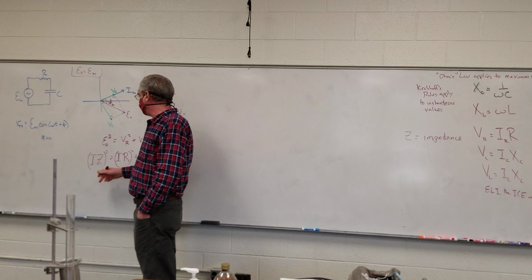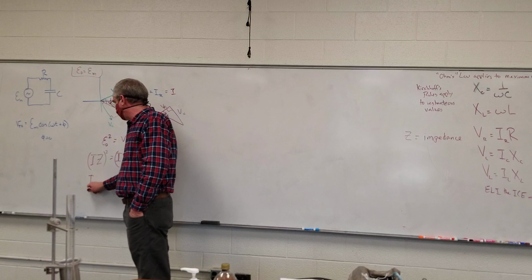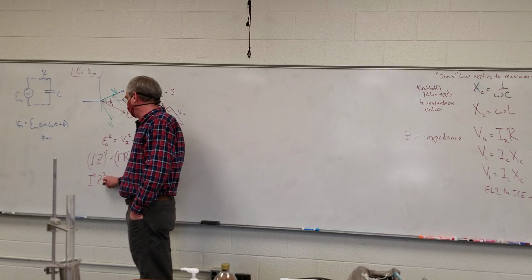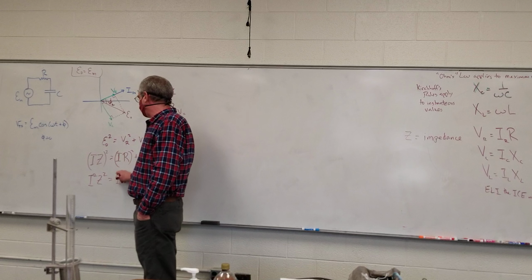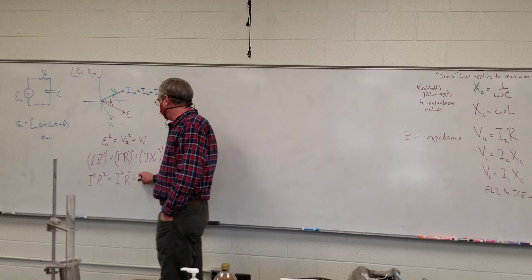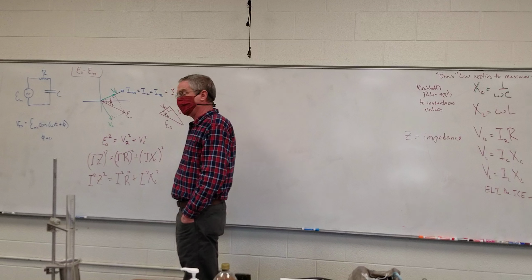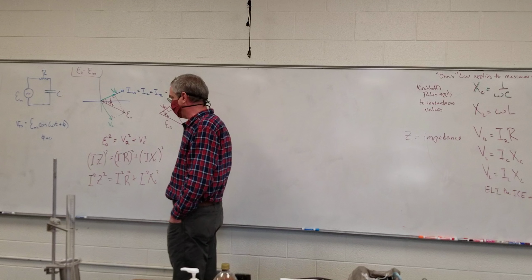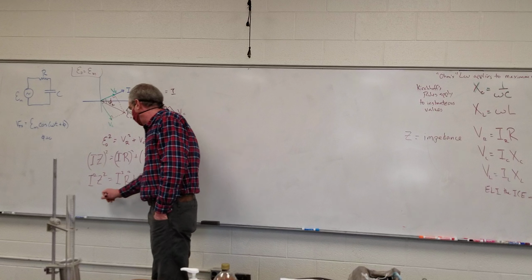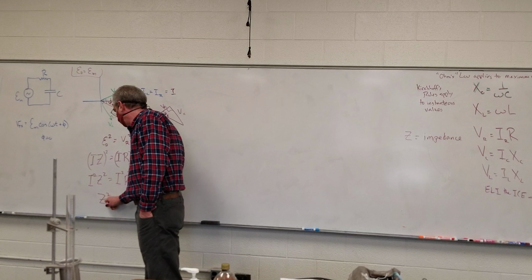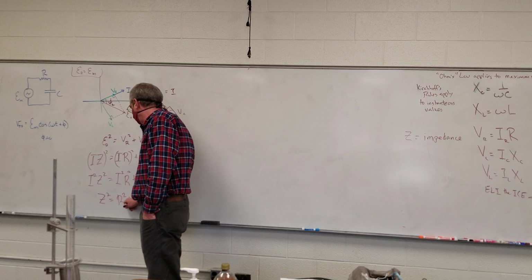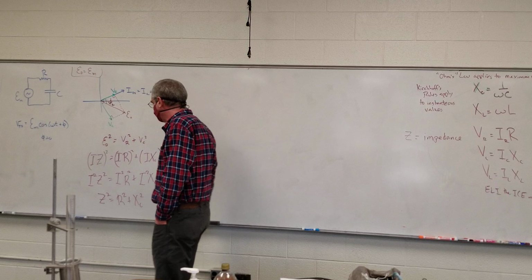Going to factor my I squared out, so square everything. I squared Z squared is equal to I squared R squared plus I squared X sub C squared. Obviously, I have a common term here. I can factor it out, divide by it. We end up with Z squared is equal to R squared plus X sub C squared.